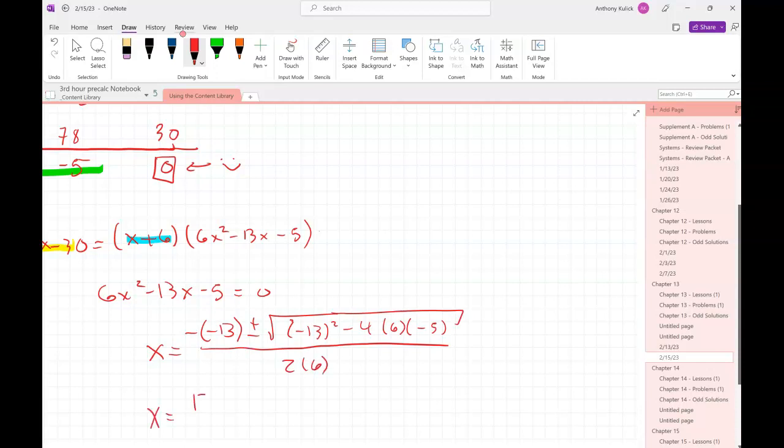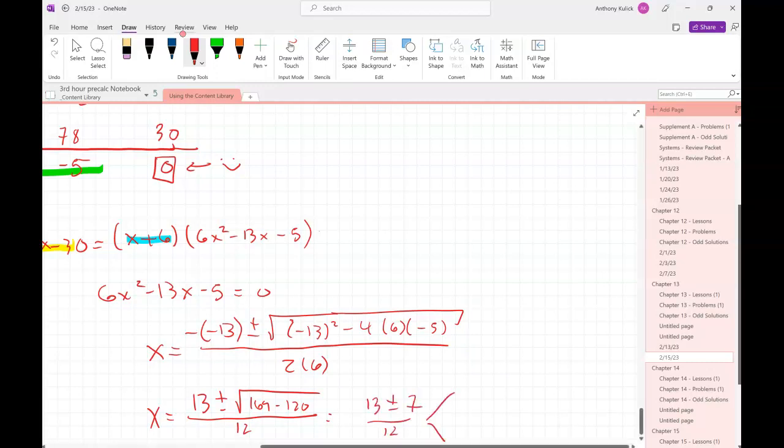So when I do that, I get 13 plus or minus the square root of 169 minus 120. 169 minus 120 is 49. The square root of 49 is 7. So 13 plus 7 is 20 over 12, which reduces down to 5/3.